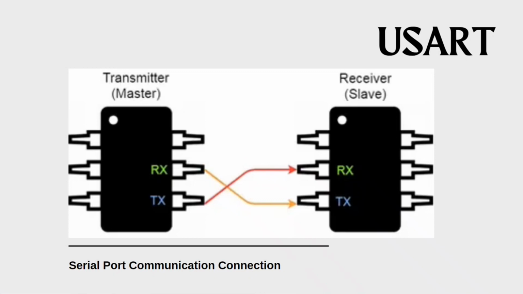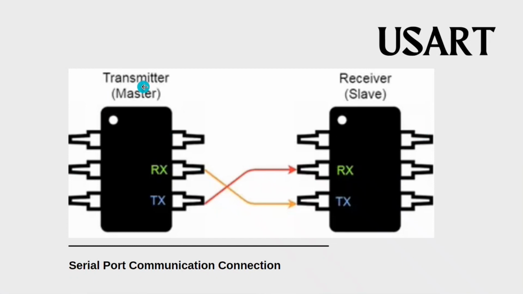It allows us to take data in parallel form and then convert it into serial transmission and transform it back into parallel. This is also called TTL or transistor logic.